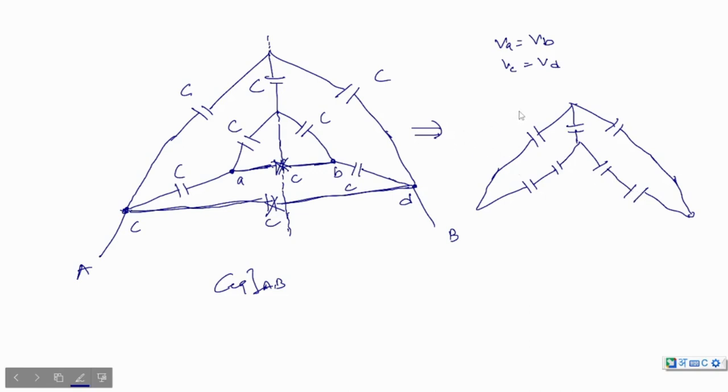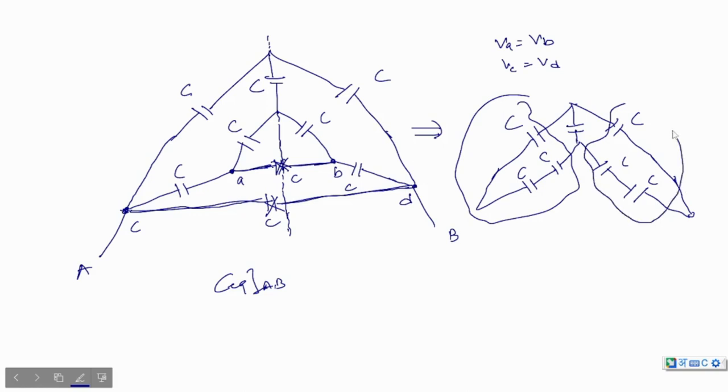Now you can see that this C, this C, this C are in series, and these are also in series. So you can find their equivalent capacitance. How? Three C's in series, so it will be C by 3. This will be C by 3 on the left side as well, and this C.